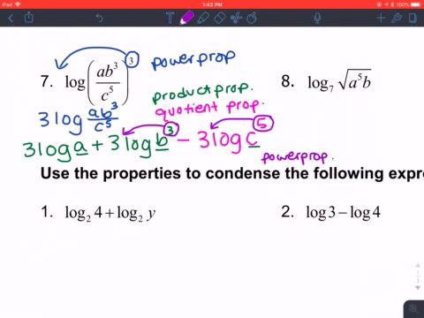This very first log does not have an exponent, so we can keep that as 3 log a plus, here we have a coefficient of 3 and then our exponent of 3. The power property tells us we're multiplying, so 3 times 3 is 9. And then we have log of b minus, on our third one we'll do 3 times 5, which is 15 log of c.